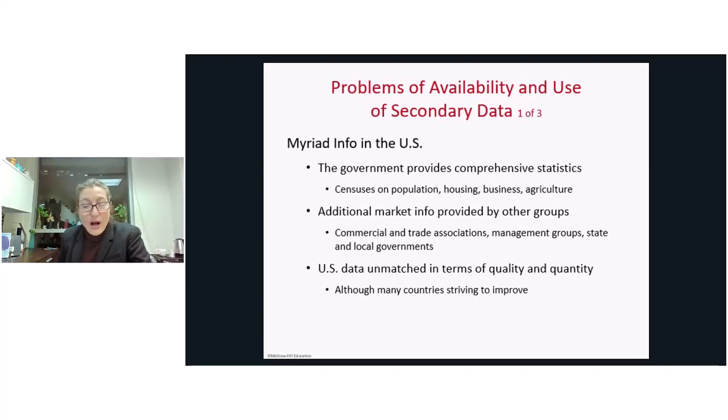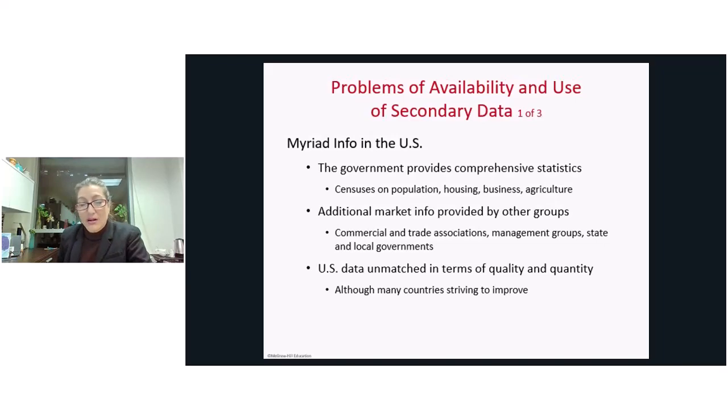There's a wealth of information available in the US, and secondary data is provided, for example, by the government as comprehensive statistics. The US Census Bureau provides statistics on population, housing, business, and agriculture.